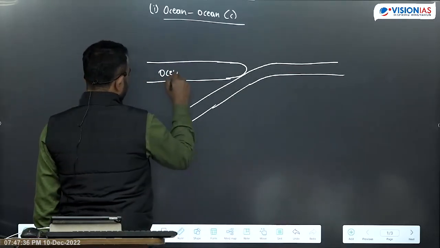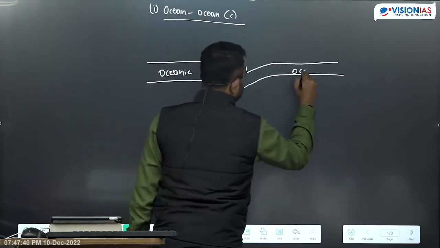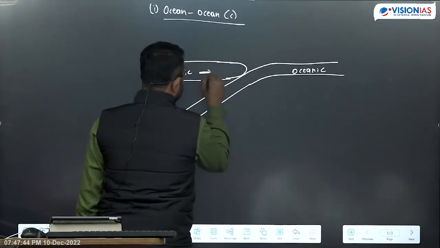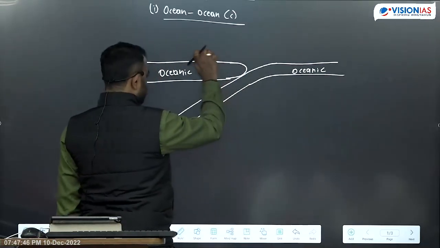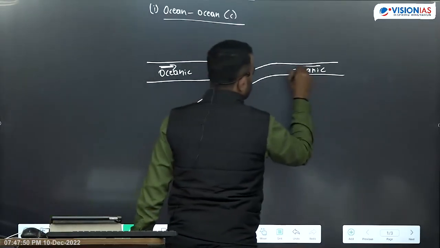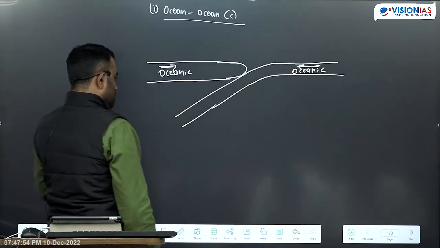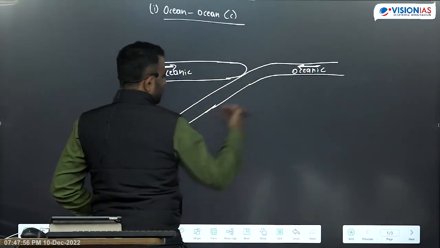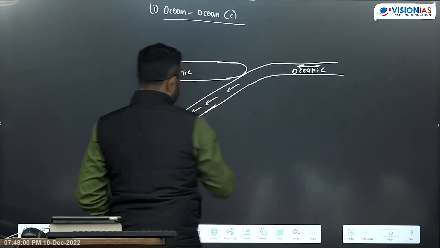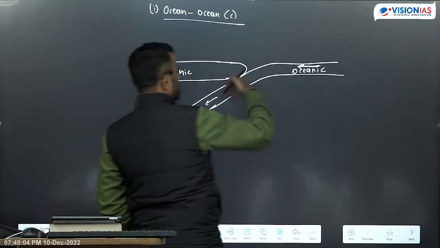This is an oceanic plate. This is also an oceanic plate. Both are moving towards each other. One of the plates being denser has started to undergo subduction, so one of the plates is thrust downwards.